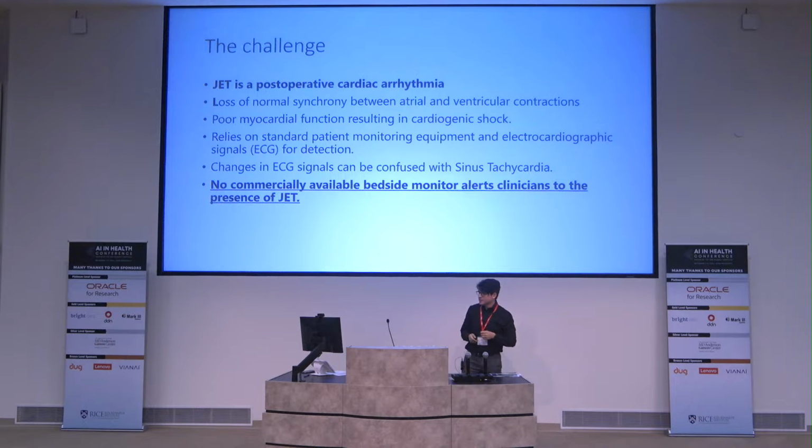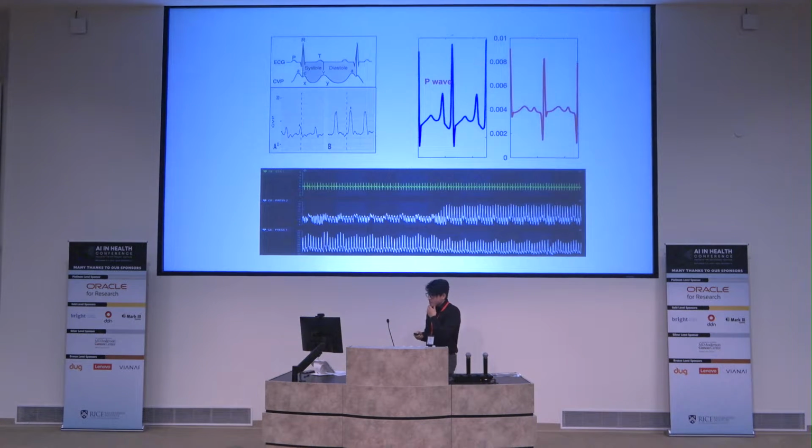The type of data that we have are with children that have had open heart surgery. The problem with this is that this is very hard to identify, and this is identified visually. So you have doctors and nurses actually looking at the ECG, trying to see if you are missing some of the peaks in the wave. This is sort of a picture of what it looks like.